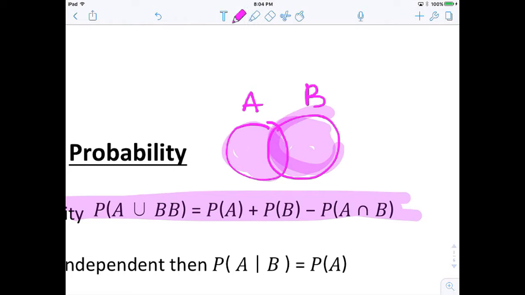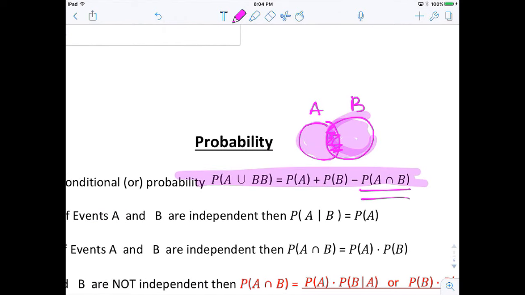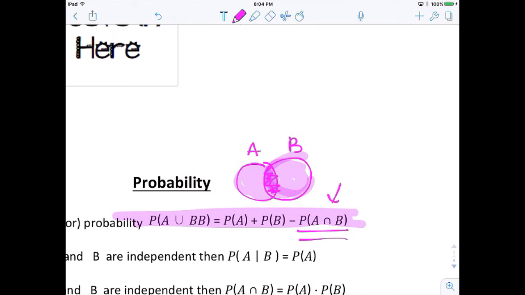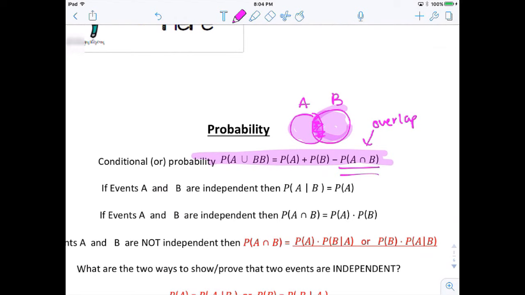But notice how in here this got doubly as dark, right? And that's because that's my overlap. And so this is subtracting out the overlap. So that's a really important formula for you to know. A or B is A plus B minus A and B. So subtract out your overlap.